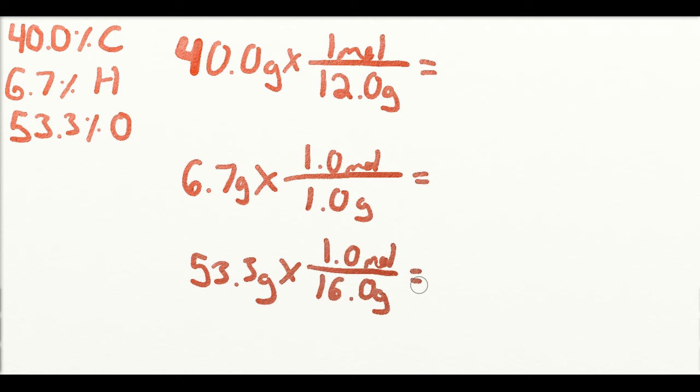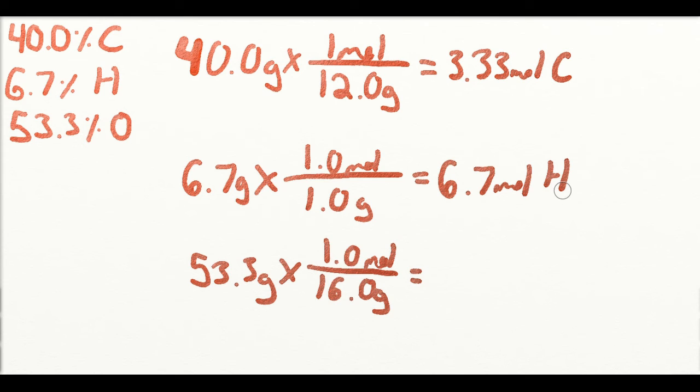So for the first one, 40.0 times 1 divided by 12 would give us that of 3.33 moles of carbon. In the bottom one, or the second one, 6.7 times 1 divided by 1 should again typically give us that of the same number, which is 6.7 mole of hydrogen.